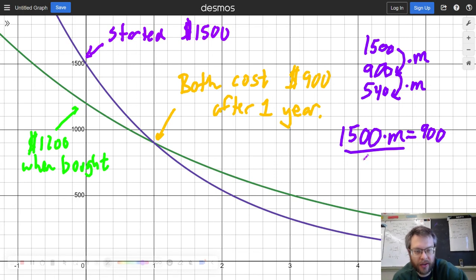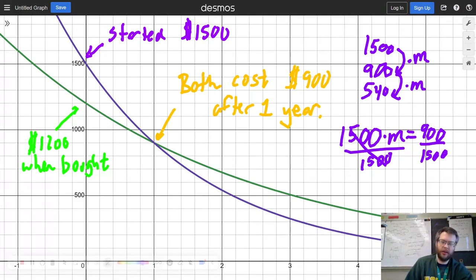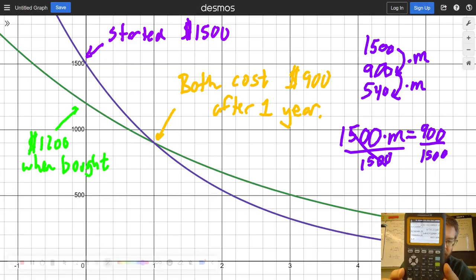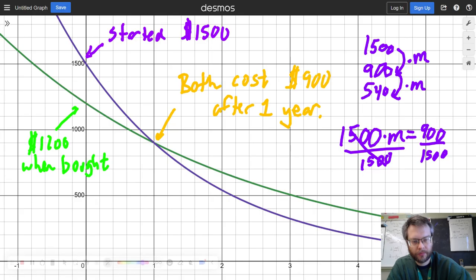You just divide. Divide both sides by 1,500 to get m by itself. Okay, grab a calculator, unless you can do 900 over 1,500 in your head. Some you can. So if you see there at the bottom of my screen, 900 divided by 1,500 is 0.6.